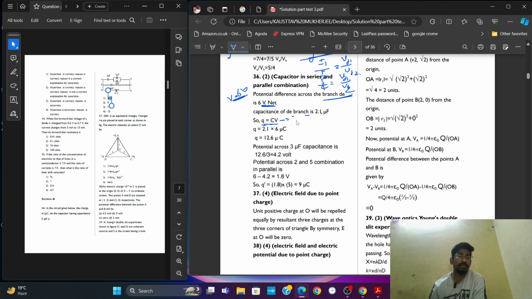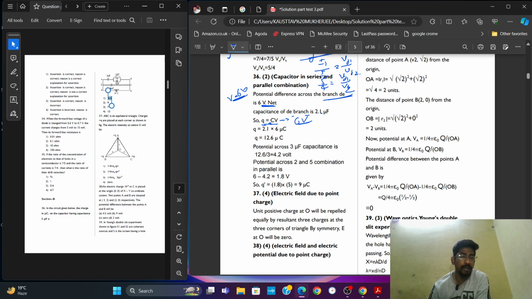So voltage is given as 6 volt, and if you calculate the equivalent capacitance, it will be 2.1, right?